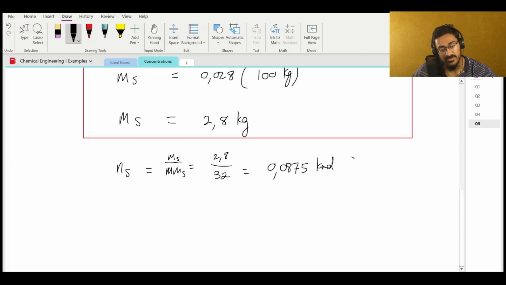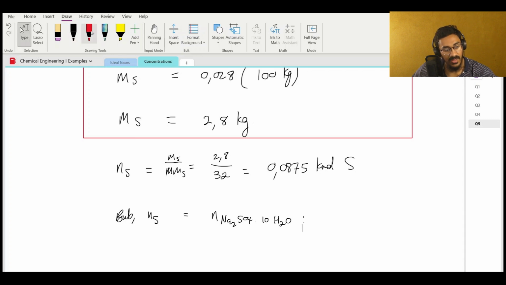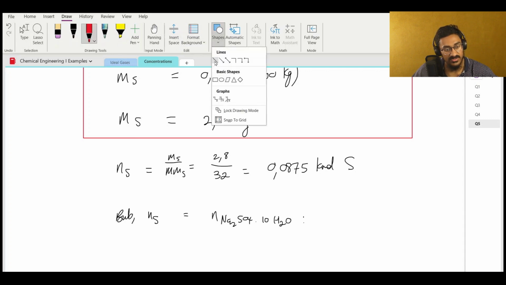kilomoles of sulfur. But I know that the number of moles of sulfur is equal to the number of moles of Na2SO4.10 waters. I hope you understand why this is the case, right?